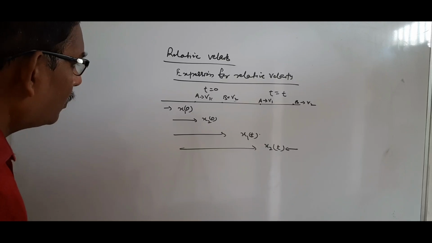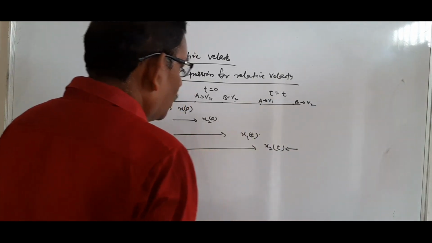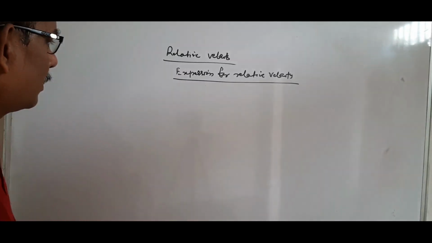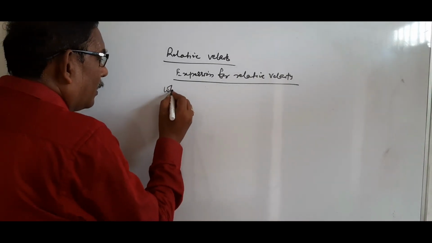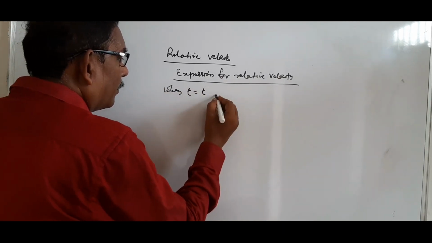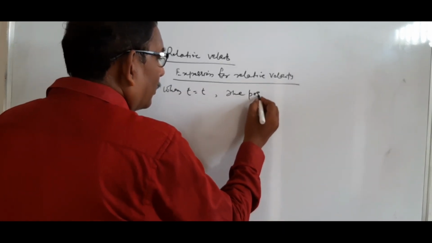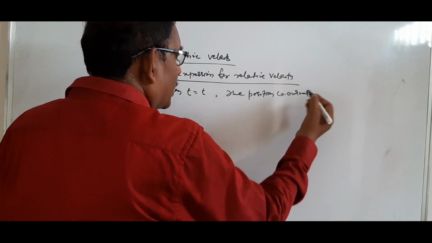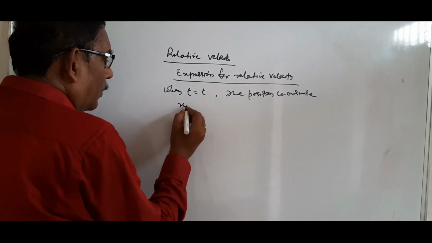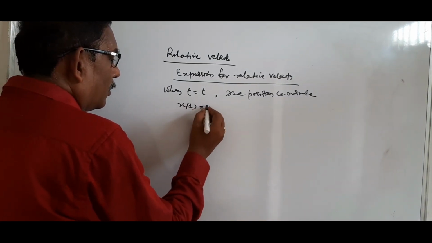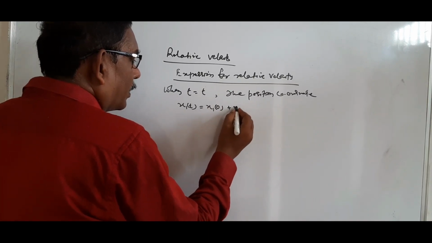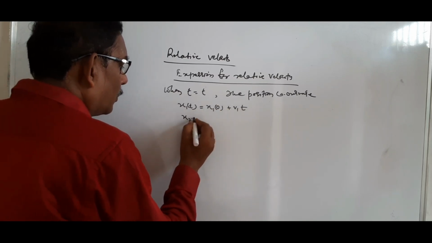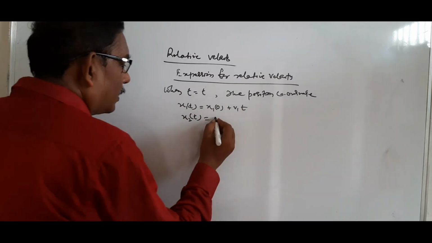After t seconds, what is the displacement of bodies A and B? When t is equal to t, the position coordinate, meaning the displacement of body 1, is x10 plus v1t, and for body 2 the displacement is x20 plus v2t.